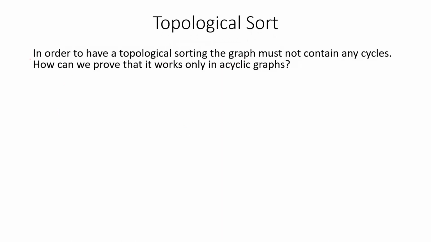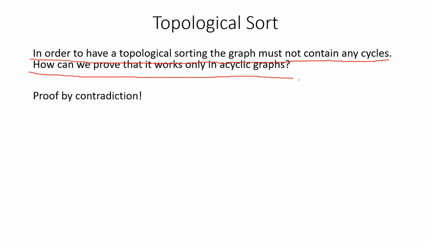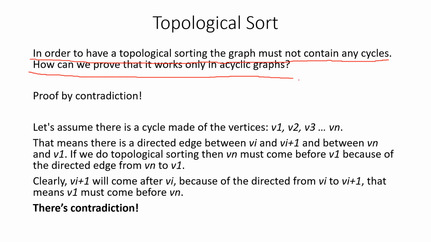In order to have a topological sorting, the graph must not contain any cycles, right? And how can we prove that it works only on an acyclic graph? We can prove that by contradiction. Let's assume that there is a cycle made of the vertices v1, v2, v3, up to vn.